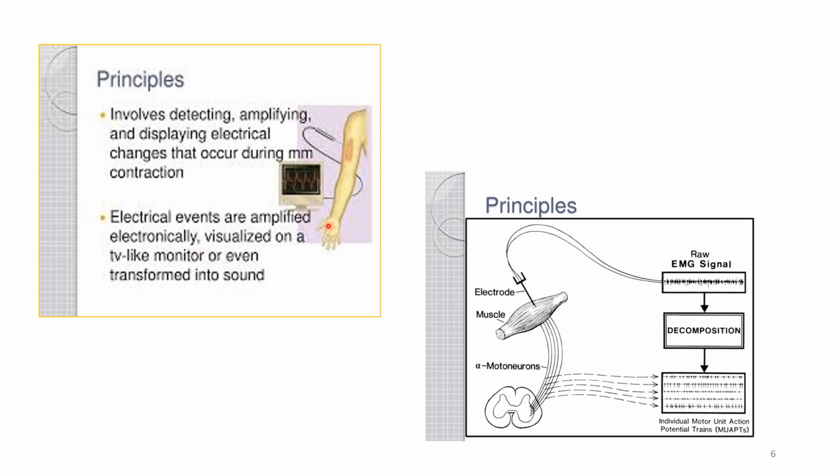So this is the principle underlying EMG: it will detect, amplify and display. You see, when the electrode is placed in the muscle, raw signals are generated, and they are decomposed, and they can elicit different motor unit action potentials.